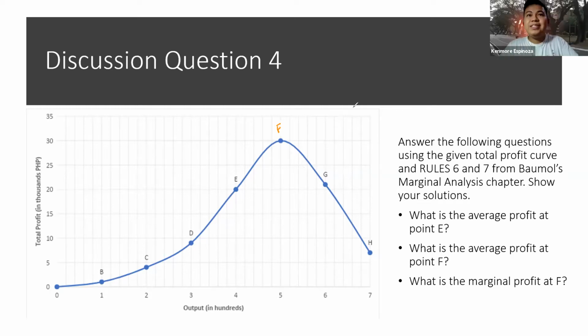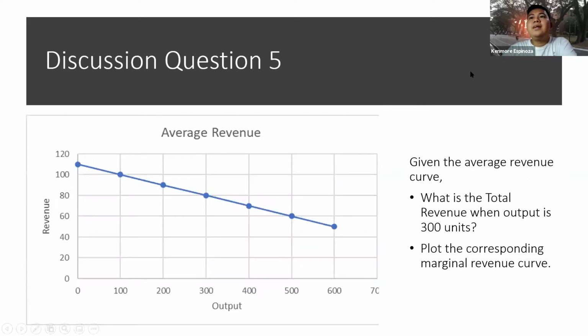Anyone pa? Any questions? Okay. Clear. Last one. This one, given the average revenue curve, what is the total revenue when output is 300 units? Is 300 units.